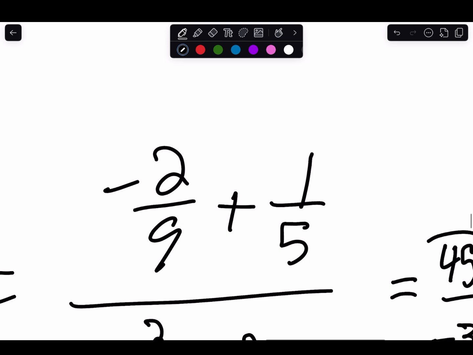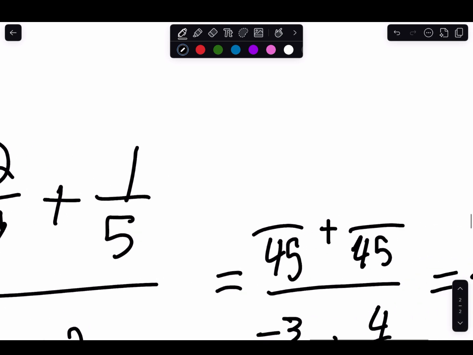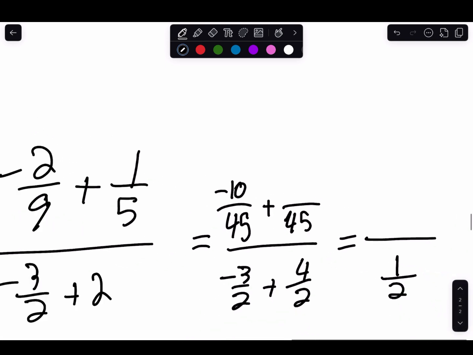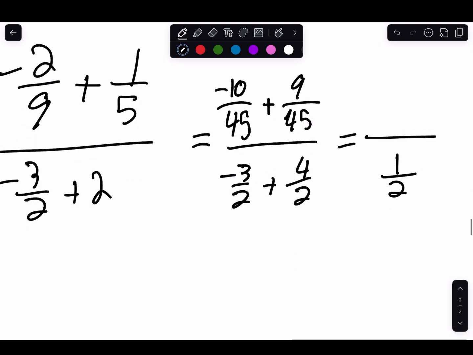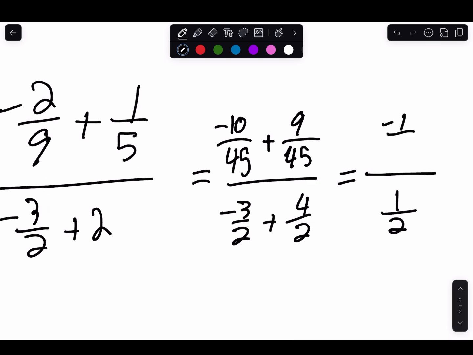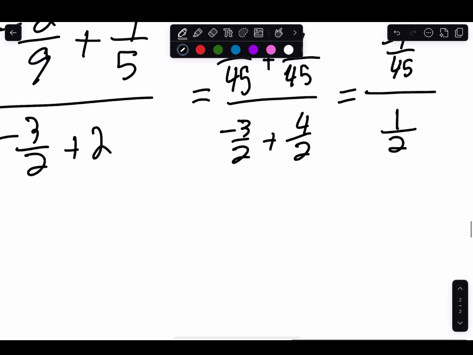So to get 45 with 9, I have to multiply by 5. And so I have to also multiply the numerator by 5. So that you're going to get -10. And then same thing on the other side, multiply both numerator and denominator by 9. And you're going to get -1 over 45 for the total thing.